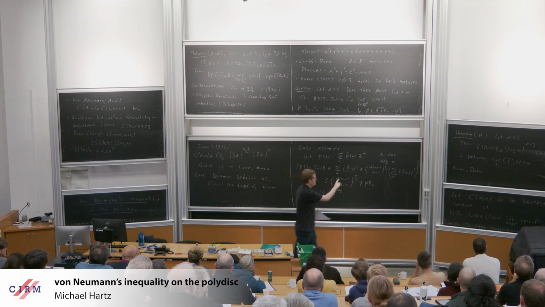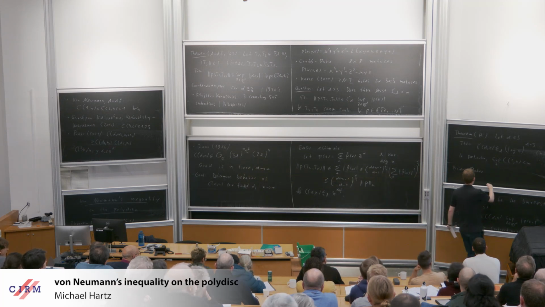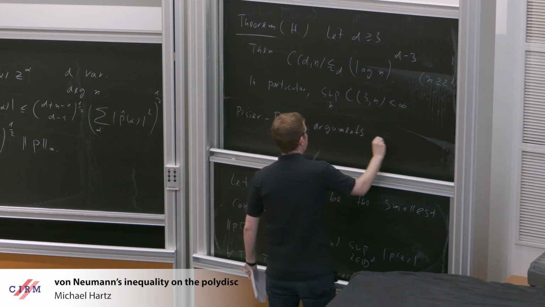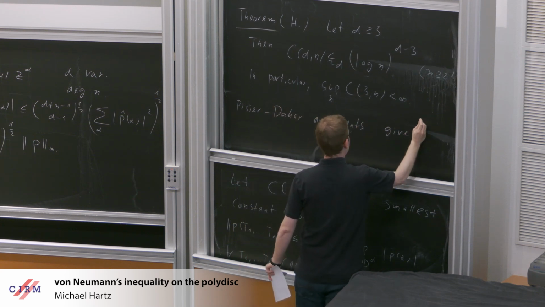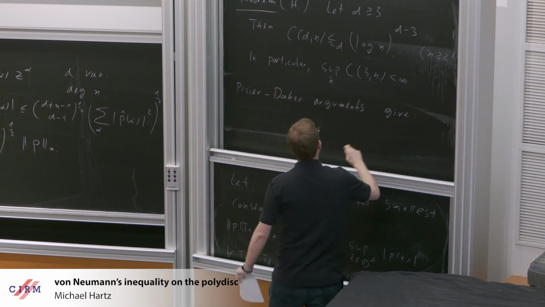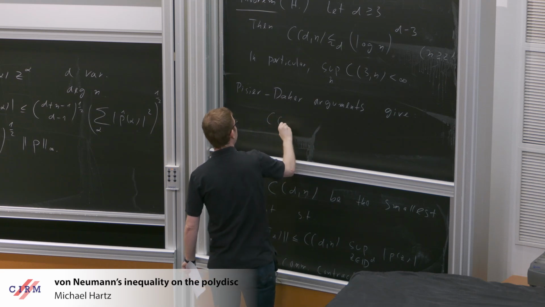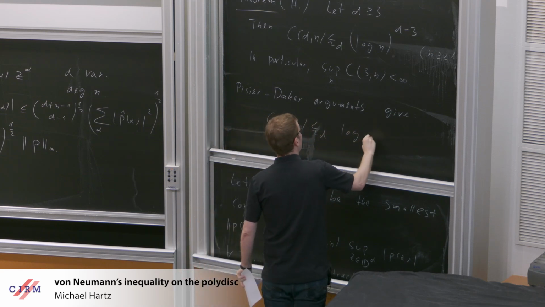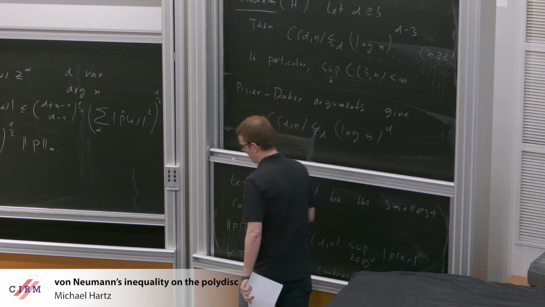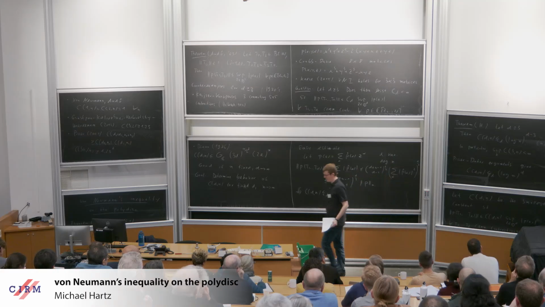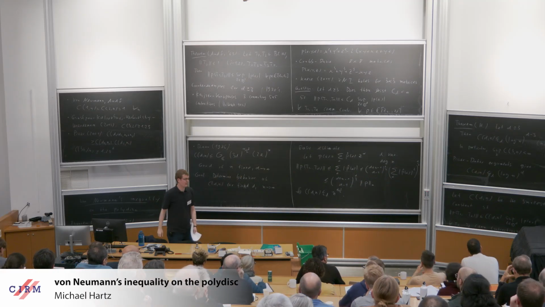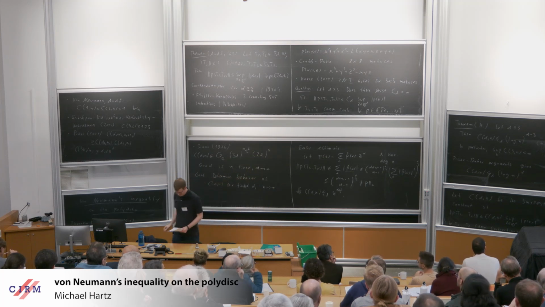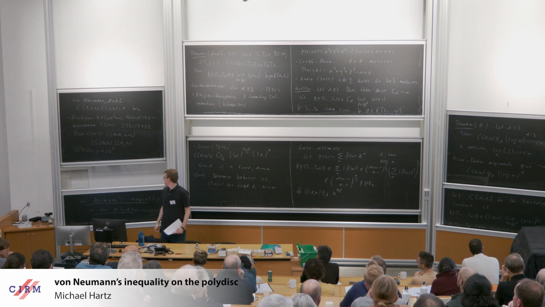If you do obvious modifications of their arguments to deal with these homogeneous polynomials, you get that C_{d,n} is at most a constant times log n to the d. So the fact that you get some power of a log is maybe not too unexpected, but I'm claiming you get d minus 3 here. Okay, good.